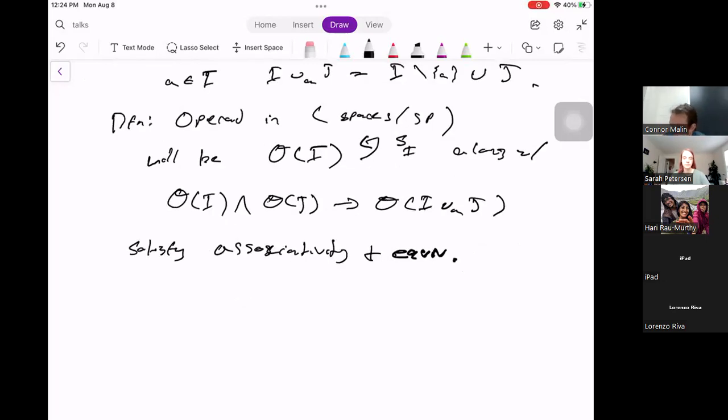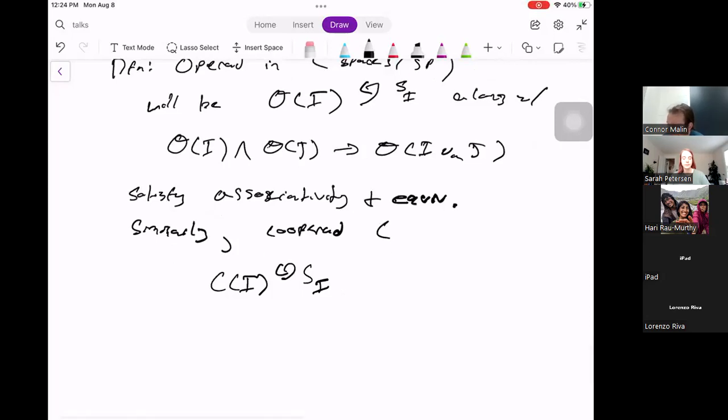Similarly, we have cooperads. So we have a cooperad C. Well, it'll be C(I) with the symmetric group acting on it, and I will have maps going the other way.